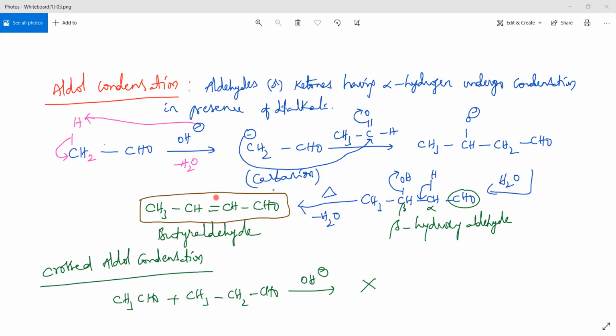Crossed aldol means aldol condensation between two different aldehydes. Here, the aldol condensation is between two of the same: this is an acetaldehyde molecule, and this is also acetaldehyde. Crossed aldol is between different aldehydes.